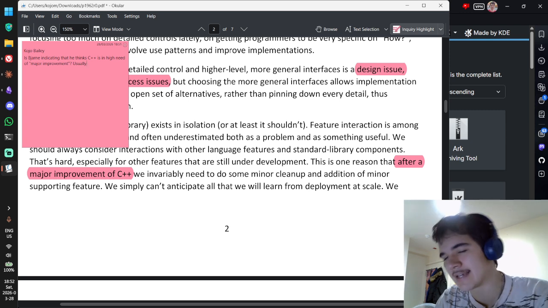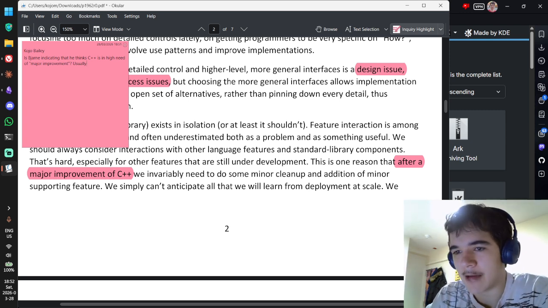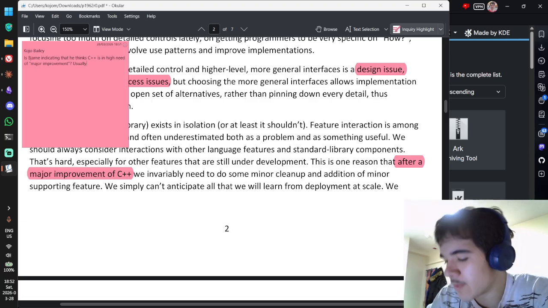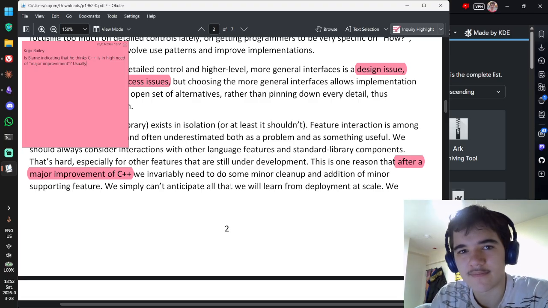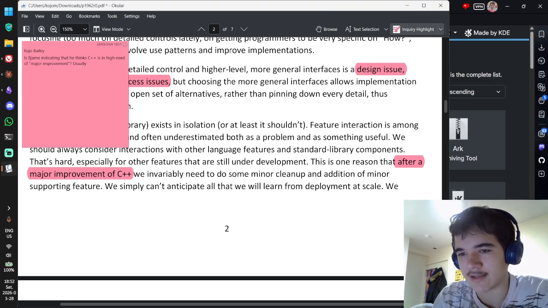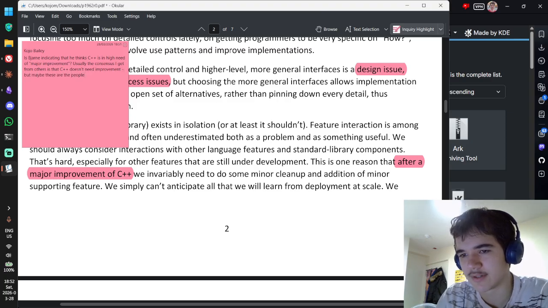It seems kind of obvious by the words that he's used, right? But usually when I see people talk about C++, they say that it doesn't need improvement. That's usually the consensus I get from others, but maybe these are the people stuck in their ways.